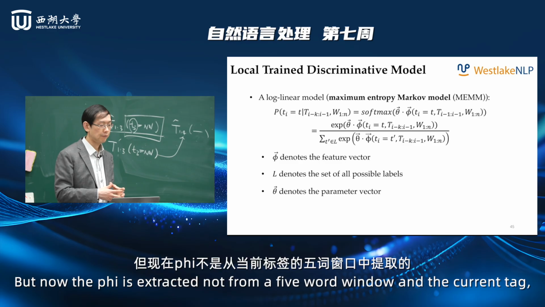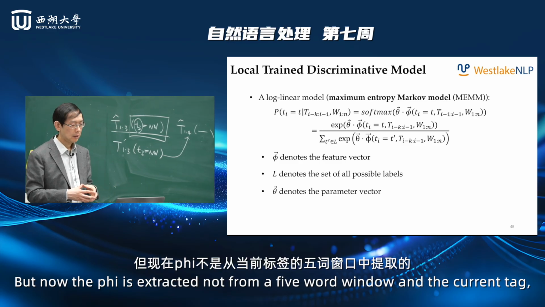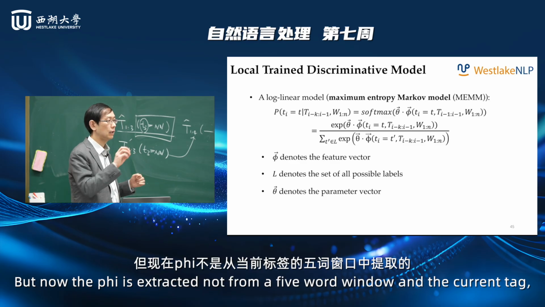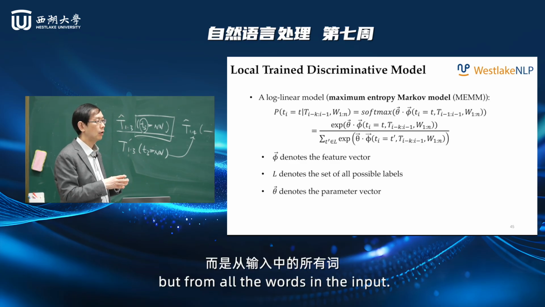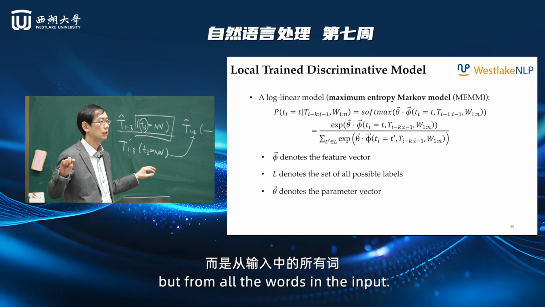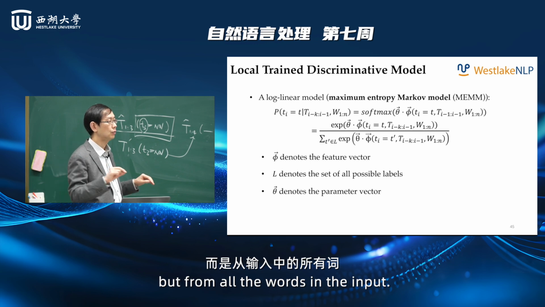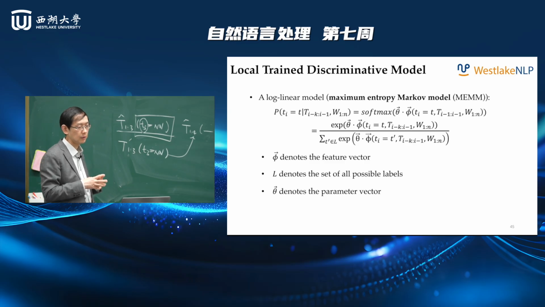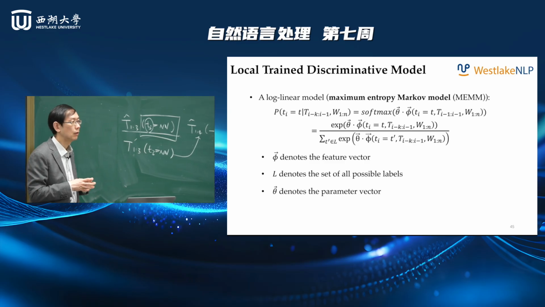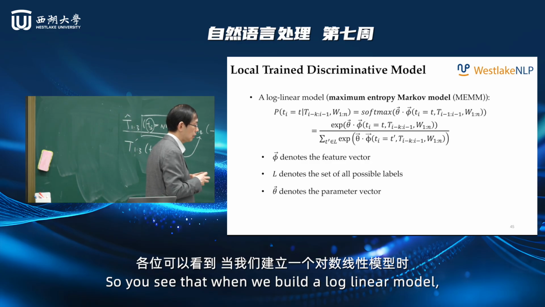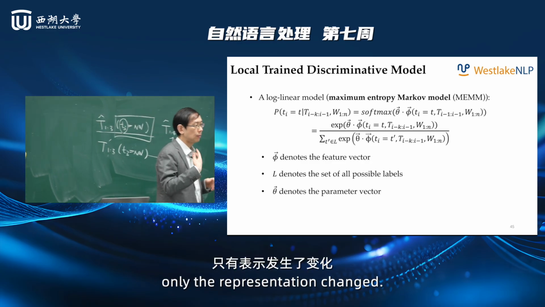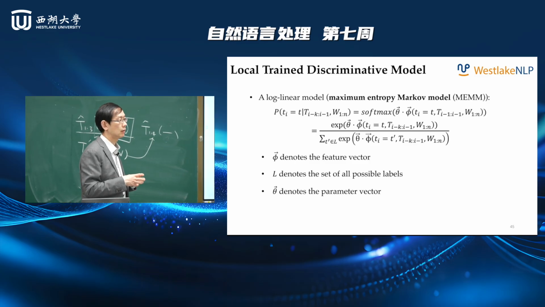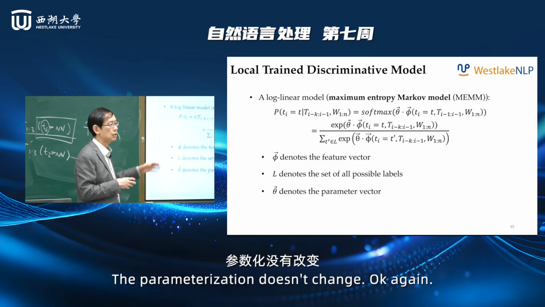But now the phi is extracted not from a 5-word window and the current tag, but from all the words in the input and the previous k minus 1 tags as well. So you see that when we build a log linear model, only the representation changed. The parameterization doesn't change.